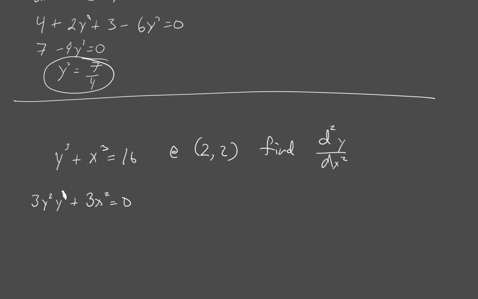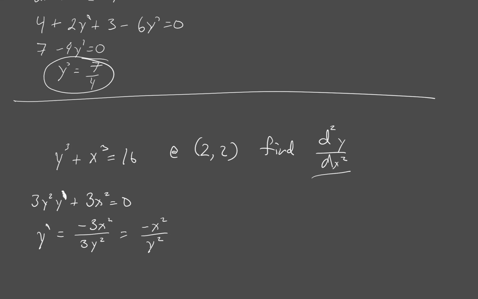And I need the first derivative as a function to be able to find the second derivative. So I have to solve for y prime here. Y prime is equal to minus 3x squared over 3y squared. So that's minus x squared over y squared.